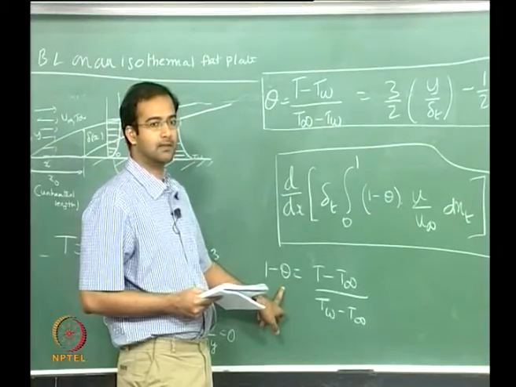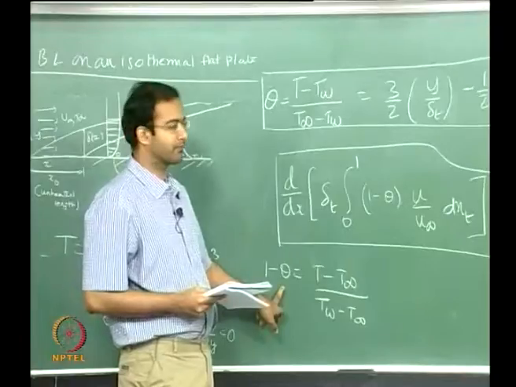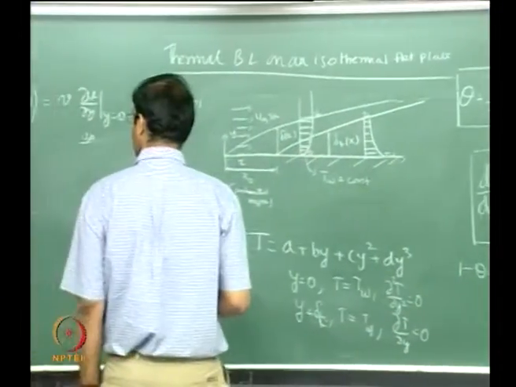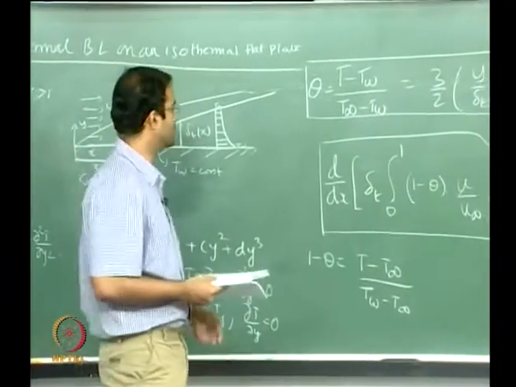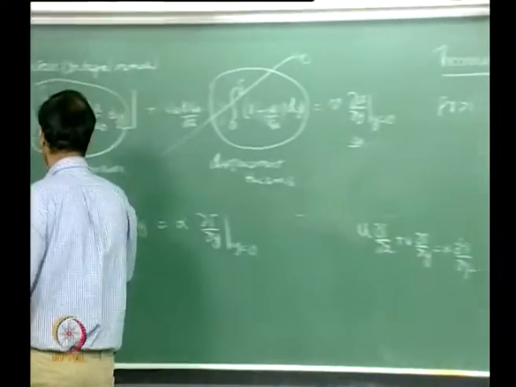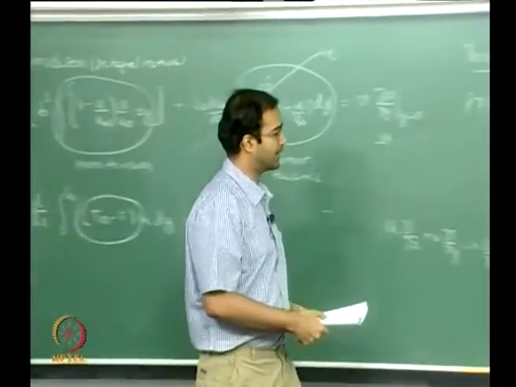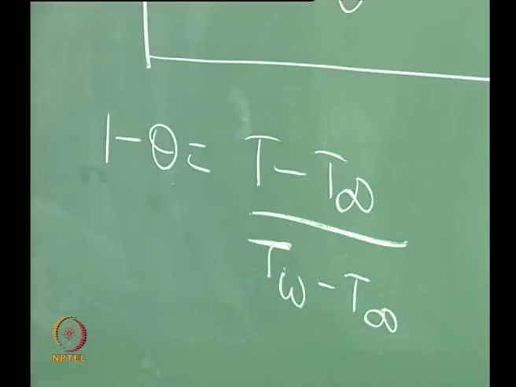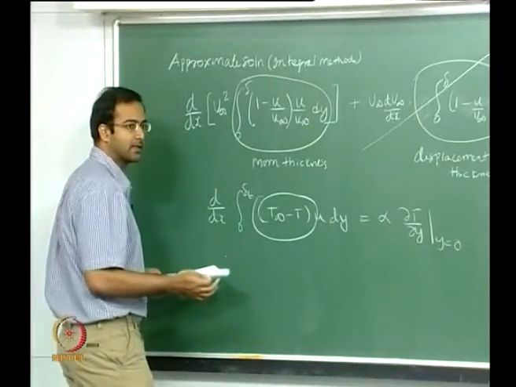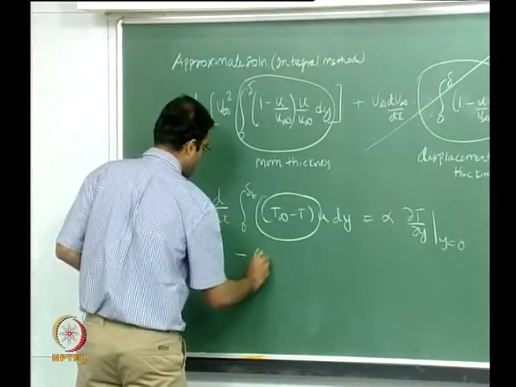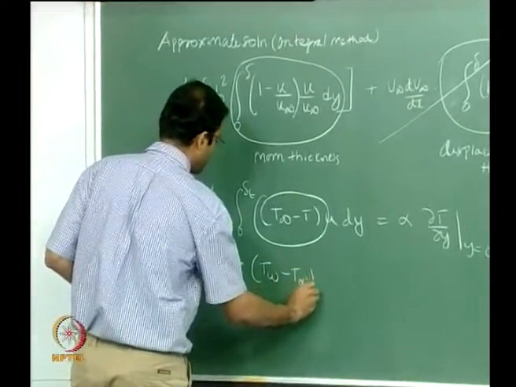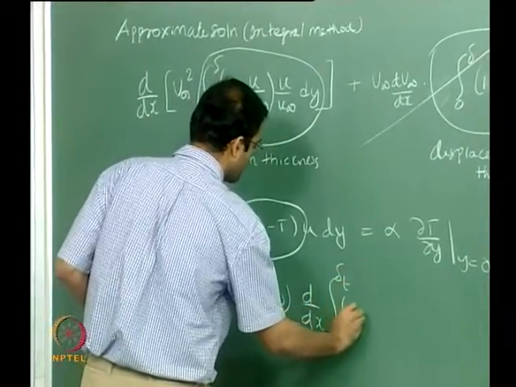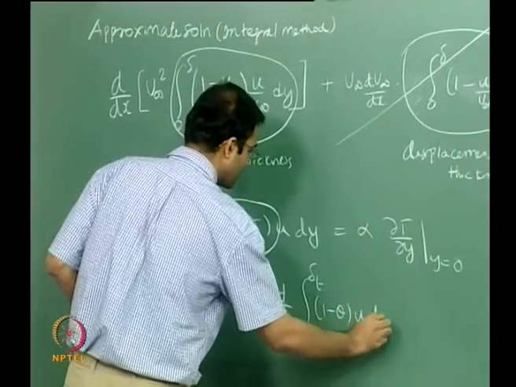The T wall is a constant. So T infinity minus T, now I can write it as minus of 1 minus theta into T wall minus T infinity. T wall and T infinity are constants, so minus of T wall minus T infinity d by dx 0 to delta t into 1 minus theta u dy.